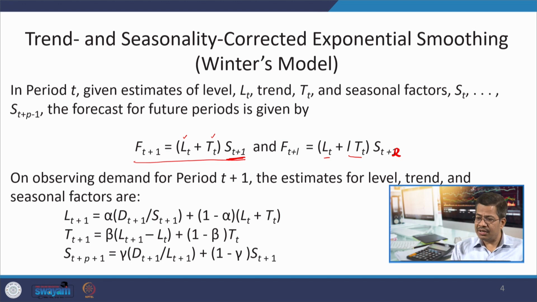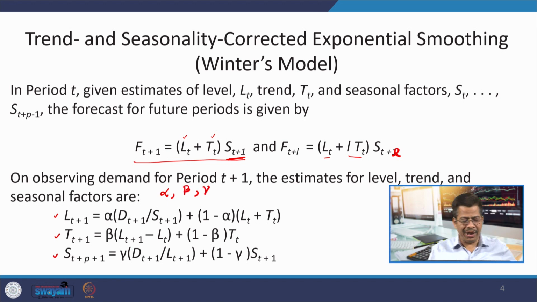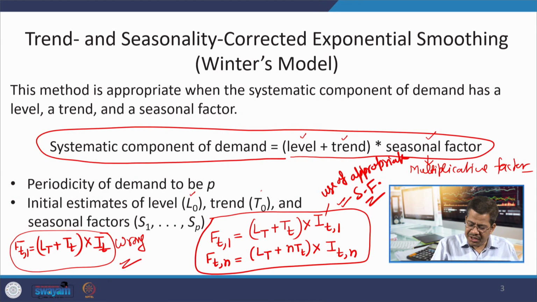Now, I have to regularly update my base, my trend and my seasonal factors. For calculating those, I am using three smoothing constants: alpha, beta, gamma. First, I will calculate the initial value of base, the initial value of trend and the seasonal factors S1 to SP, if there are P different seasonal factors.